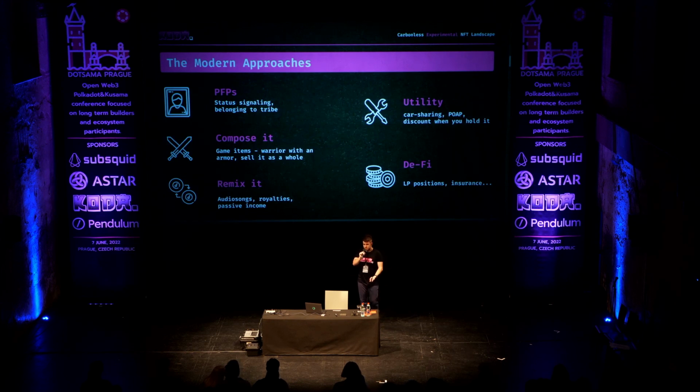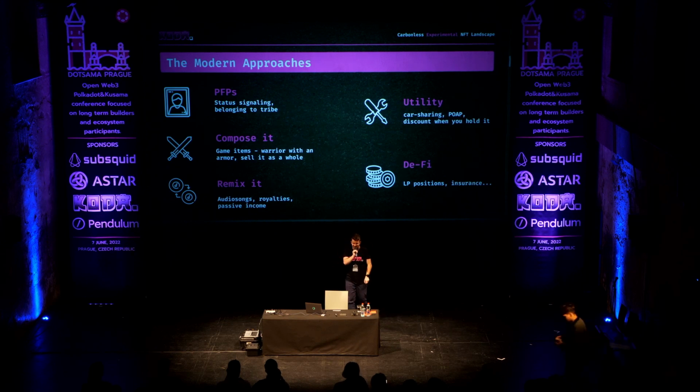And what can you do with your NFTs? First of all, many people use them as profile pictures. When you use Twitter, you see those hexagonal profile pictures. They are good for status signaling, because when you have a Lambo, nobody actually cares. But when you have a hexagonal profile picture, it's like the internet thing for the Lambo.